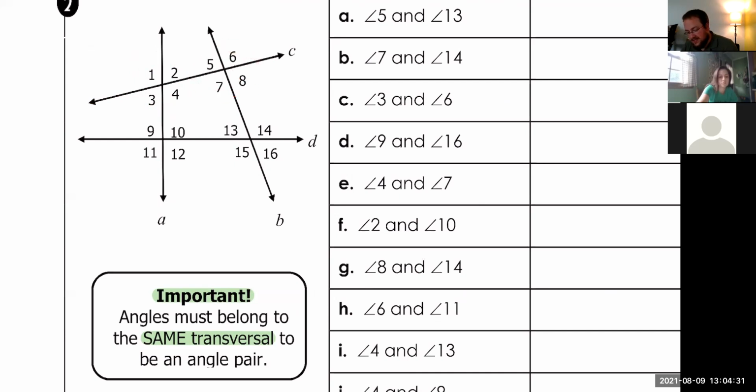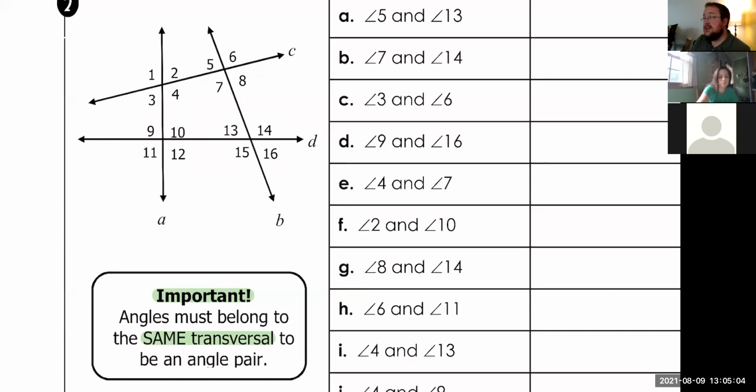Careful, 5 through 8 we could argue that C is the transversal there. 13 through 16. This set of angles has to do with lines B and D, whereas the first 4 have to do with A and C. There's nothing tying them together, which means there is no relationship between these 8 angles, and then vice versa. 5 through 8 and 9 through 12 have no relationship whatsoever in this case as well.